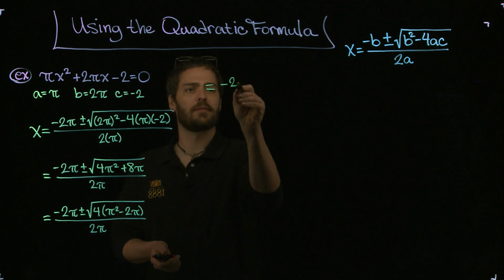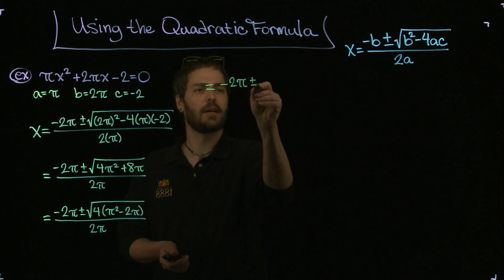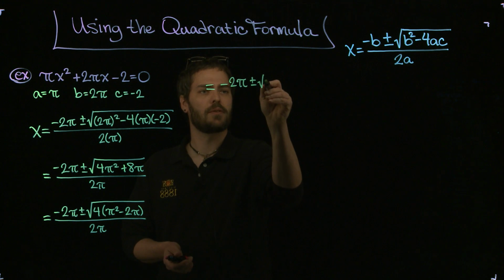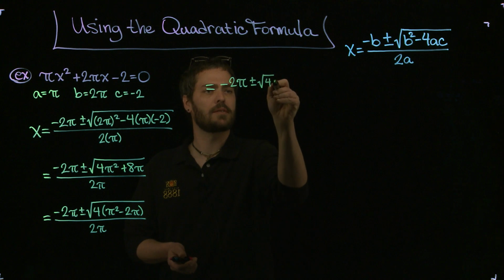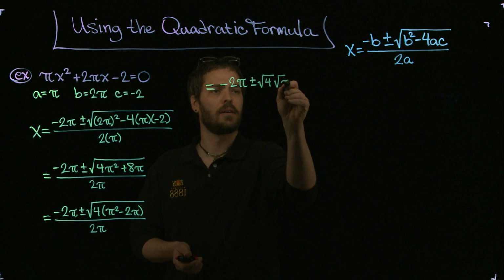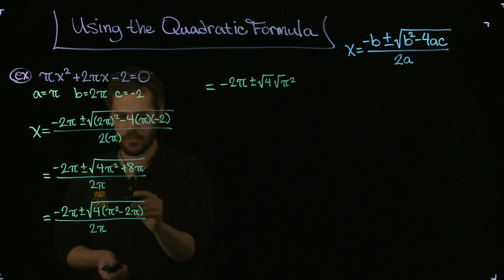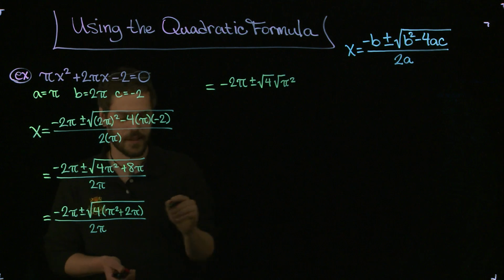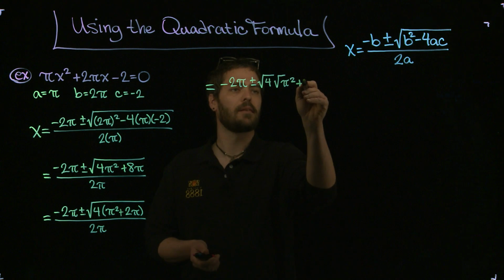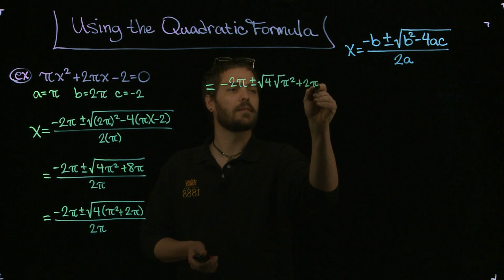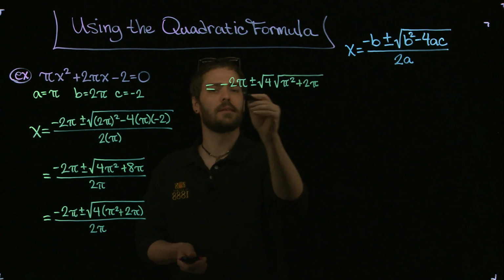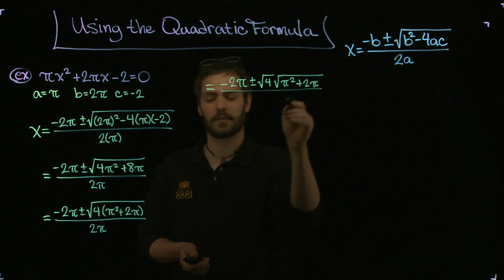So let me continue that up here. This gives me -2 pi plus or minus the root of 4 times the root of pi squared. Oh, I don't know why I put a minus there. There's a plus. Plus 2 pi. All right, just wanted to subtract for some reason. I don't know, it's in my bones.